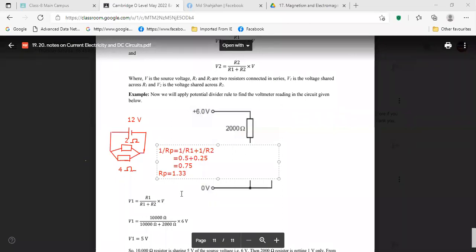So it's 1.33 ohms. Now, total resistance you got 1.33. Then you can calculate the total current of the circuit, isn't it? I equals V by R, right? So what is your V?